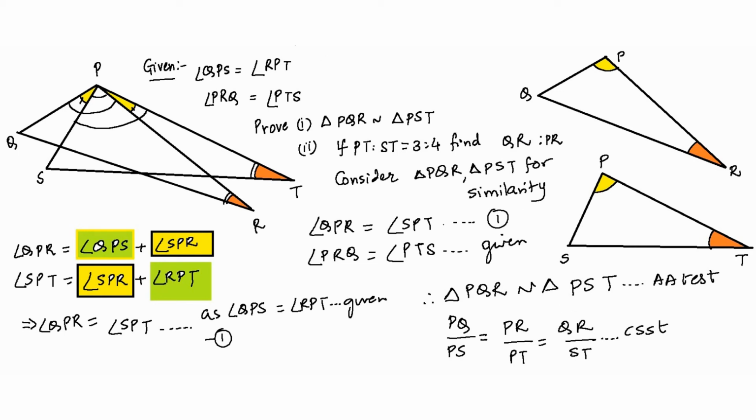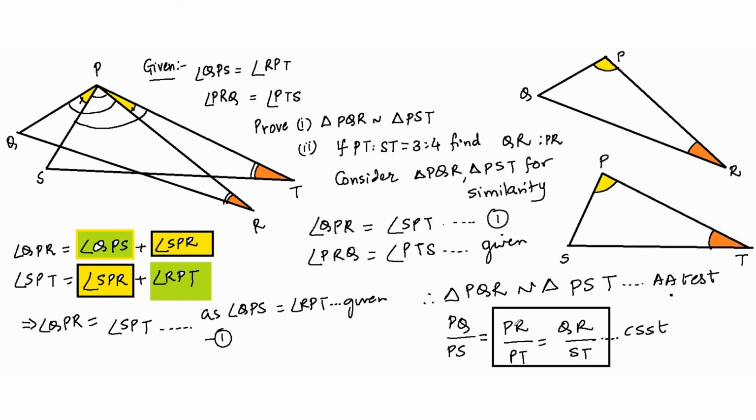So let us try to find the ratio which will help us. I think this particular ratio will help us, because if I shift the PR to the denominator, I will get QR by PR. It's given that PT is to ST is 3 is to 4. So let us take this particular ratio, right?